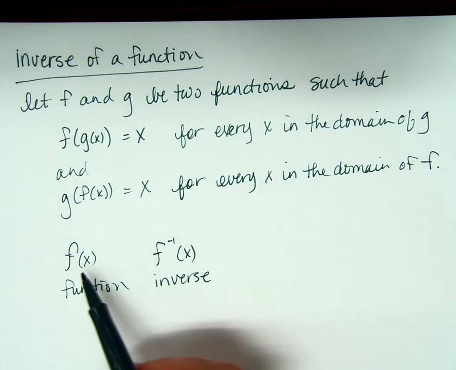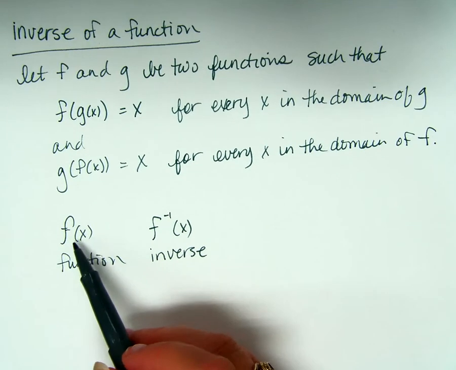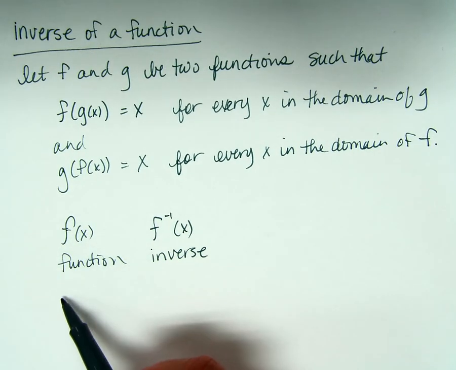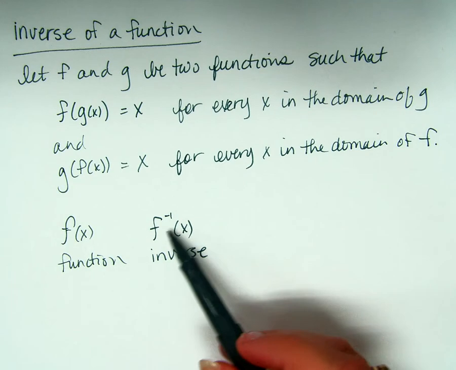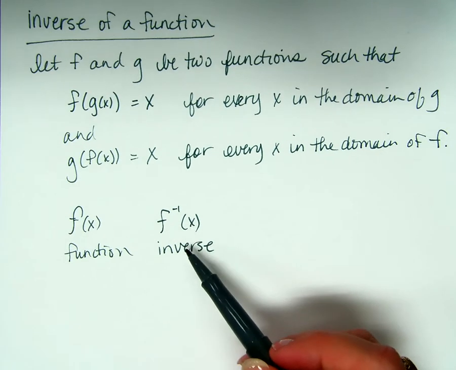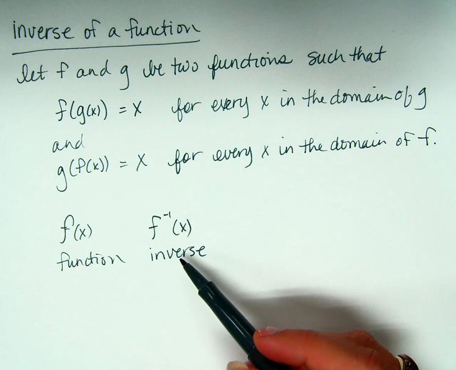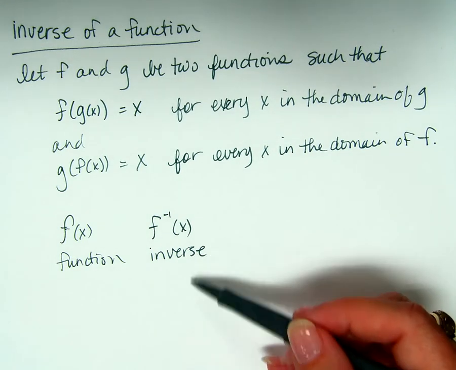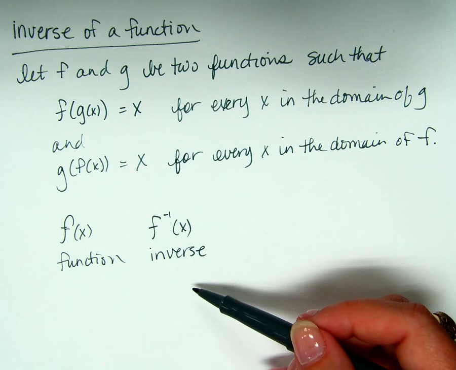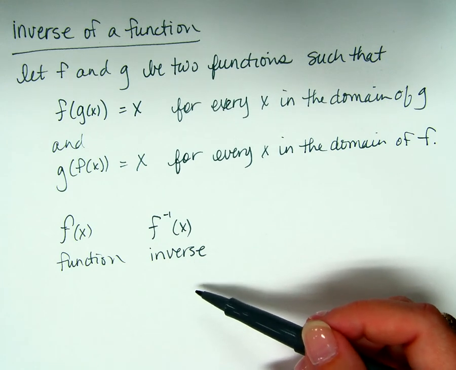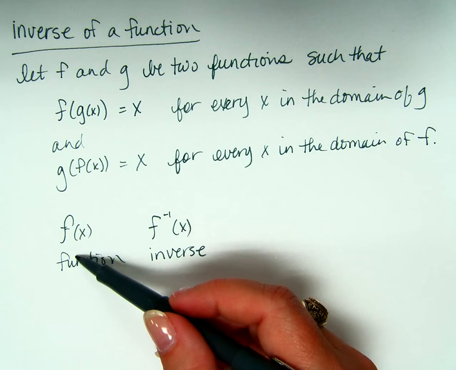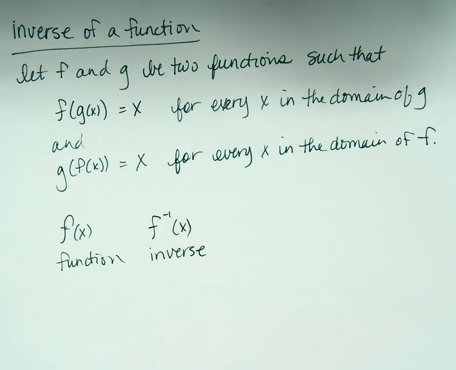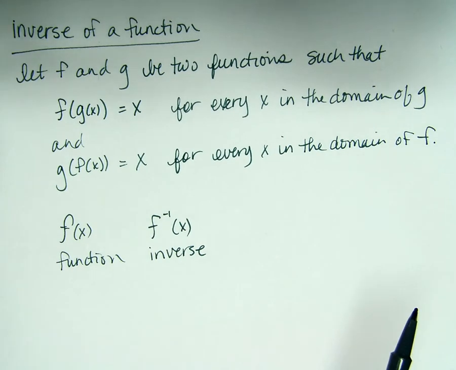So if I have a function f of x, and I tell you its domain, what do you automatically know about its inverse? Do you remember? If you know the domain of the function, what do you know for the inverse? You know the range, okay? Because remember how we talked about inverses in Algebra 2?